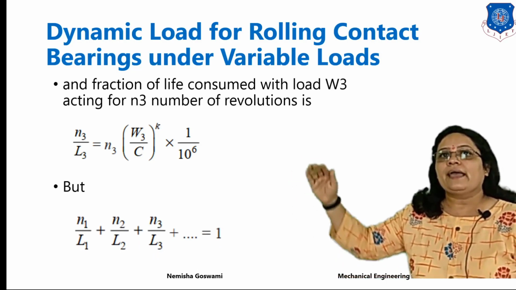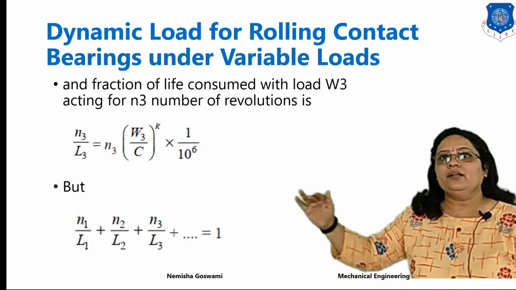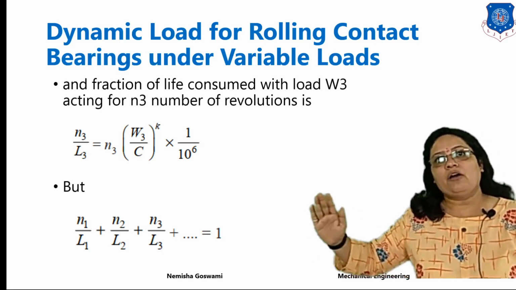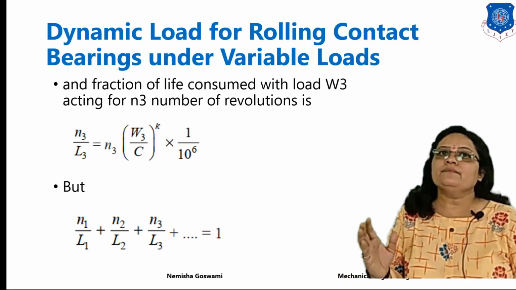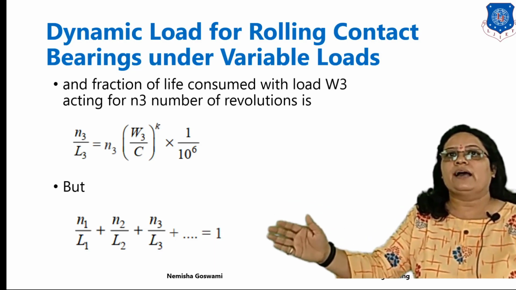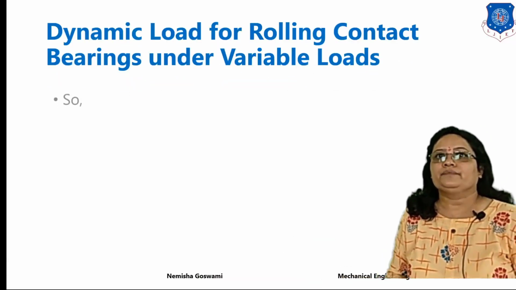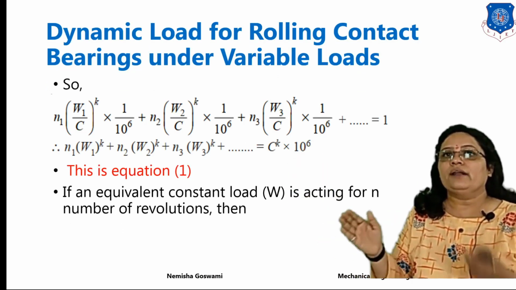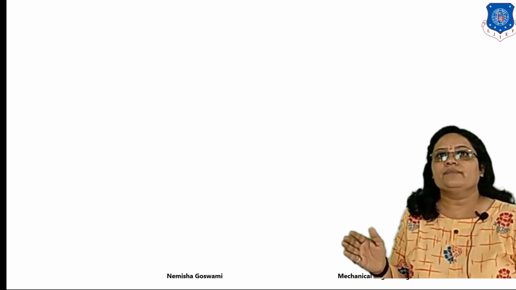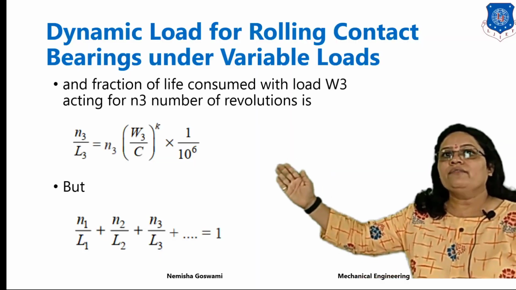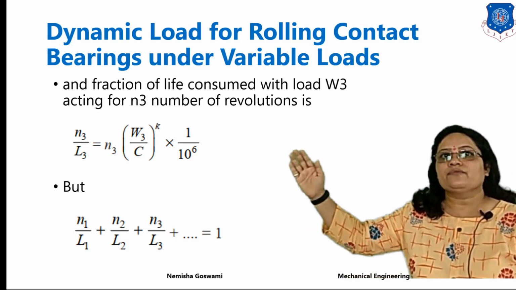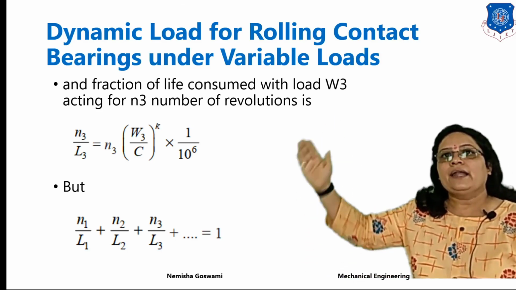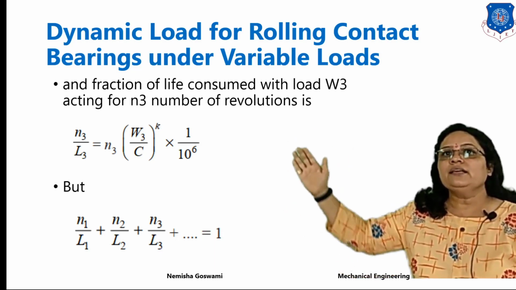So we take N1 divided by L1 plus N2 divided by L2 plus N3 divided by L3 and so on. You have to sum all the fractions, so this gives a value equal to 1, right? We have found N1 upon L1, N2 upon L2 and N3 upon L3.